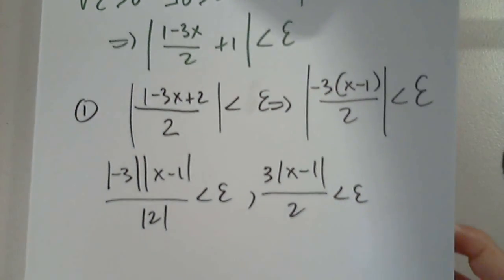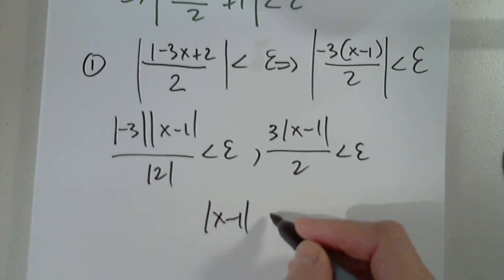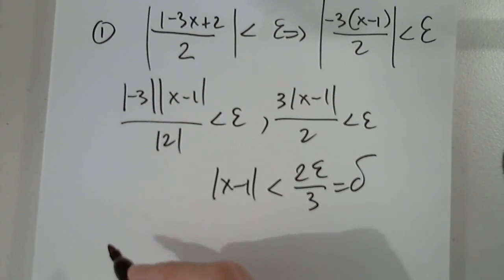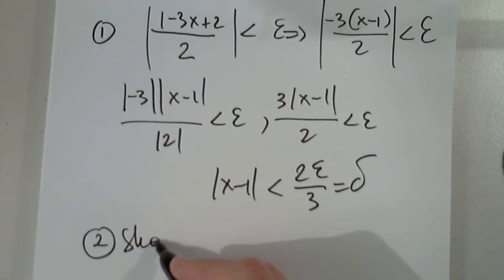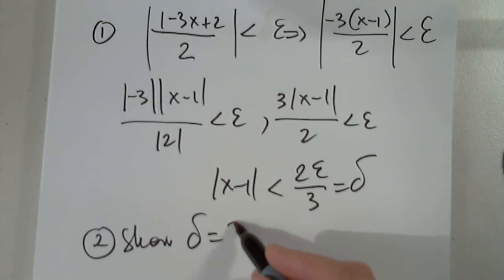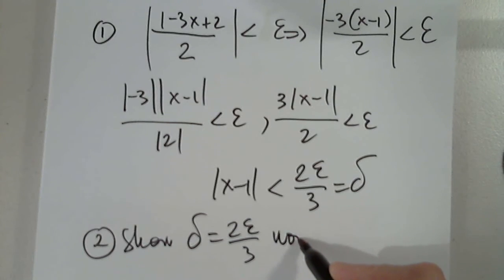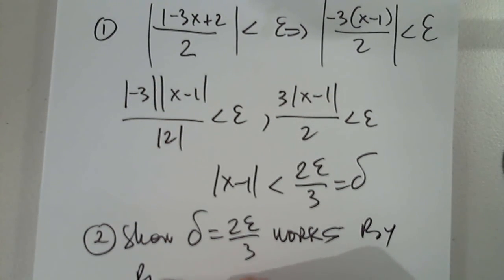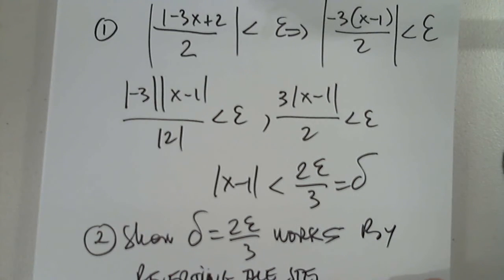And now I multiply by 2 over 3, which is delta. And in number 2, show that delta equals 2 epsilon over 3 works by reversing the steps. You go through it a little bit slower. Yes.